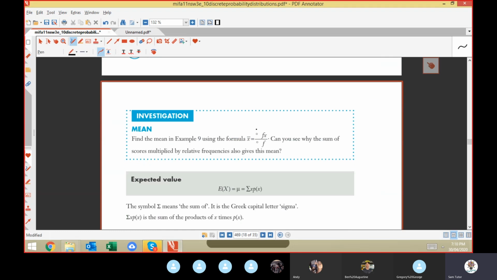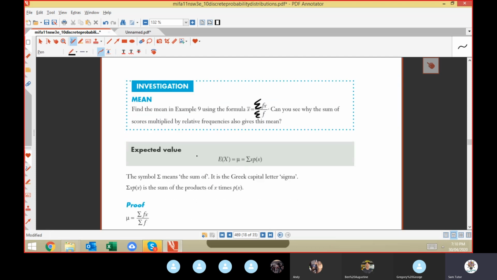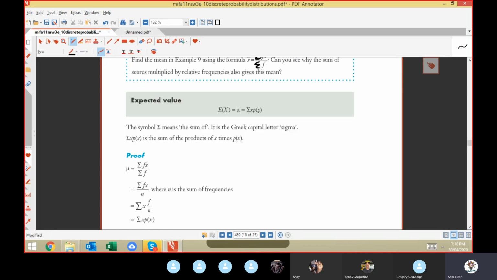Sum of, this should have been sigma f of x, sum of x. Okay, that's what I was trying to do. E of x can be thought of as the sum of your x times the probability of that x occurring. So I think you guys should write that.